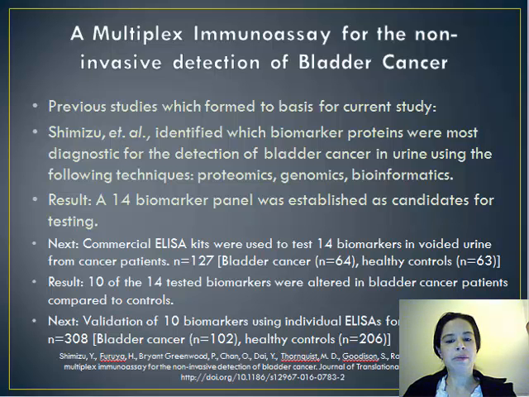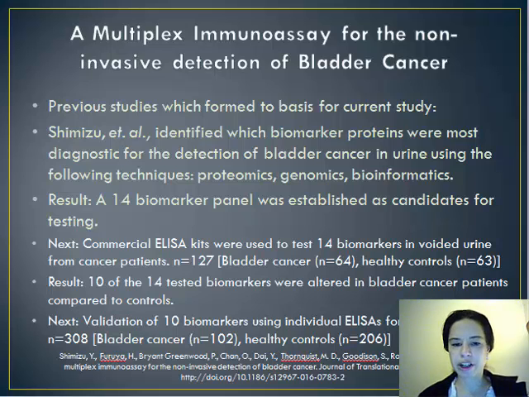They did a very broad screening of possible biomarkers in urine from bladder cancer patients using genomics, proteomics, and bioinformatics. Using these broader techniques, they were able to take a very large potential pool of biomarkers and limit it down to ones that would be essential and important. From that initial work, they determined that there were 14 biomarker panels that they needed to further refine.